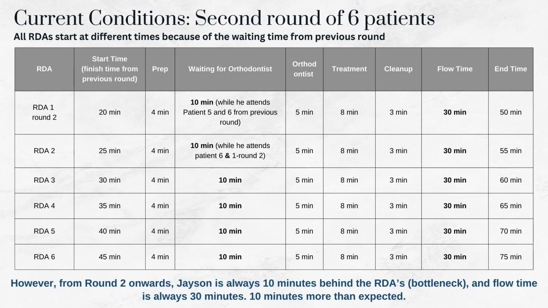Looking at round 2, we can see that before round 2 can even start, the first patient is required to wait on the orthodontist from the previous round. And so what ends up happening is this is when you really see the bottleneck and the flow time being 10 more minutes than expected.